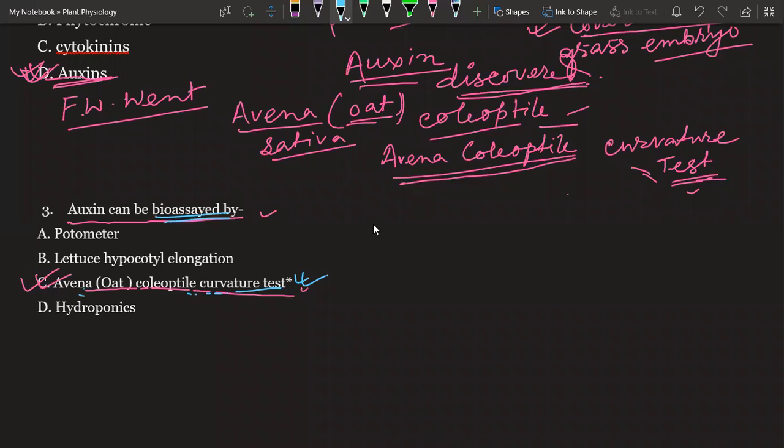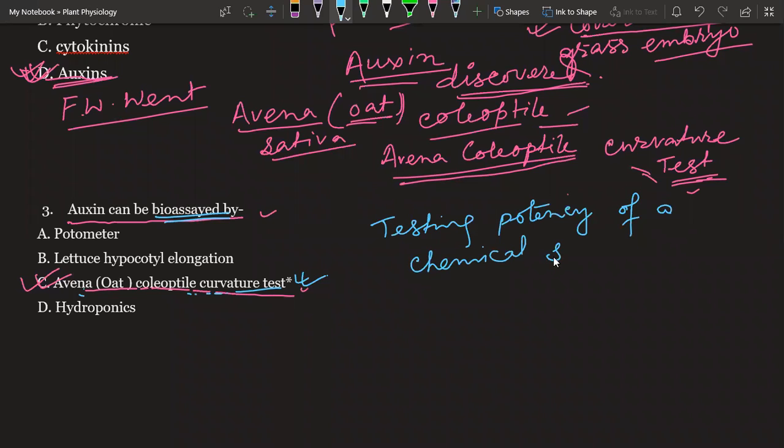Bioassay is testing the potency or potentiality of a chemical substance or chemical compound in living tissue or in the living system.